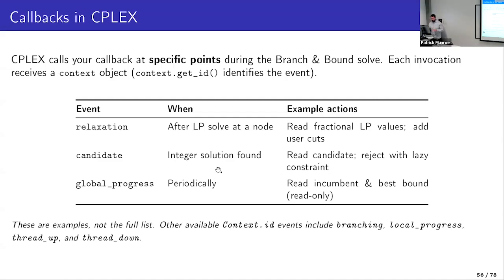Here it's important to make the difference between user cuts and lazy constraints, because a lazy constraint is really about the integer solution. It will reject some solution that in the formulation of your model is valid, but that is not meant to be valid.